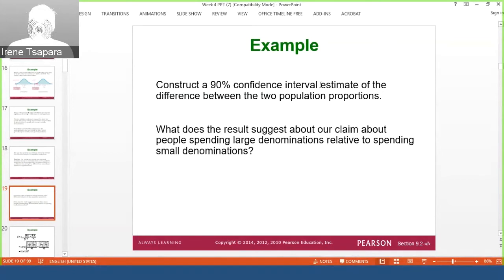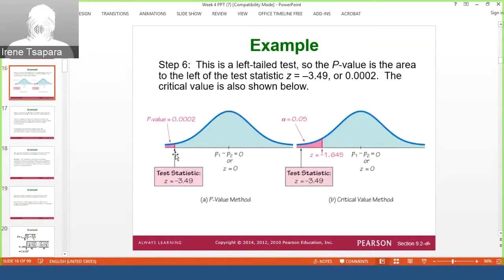Why? Because basically what we do is we test and we look at our number and we see where the number is. Now, if I had two samples and the difference of the samples was giving me a test statistic that was not negative 3.49, it was negative 1.665, then again the number would be in the rejection region.